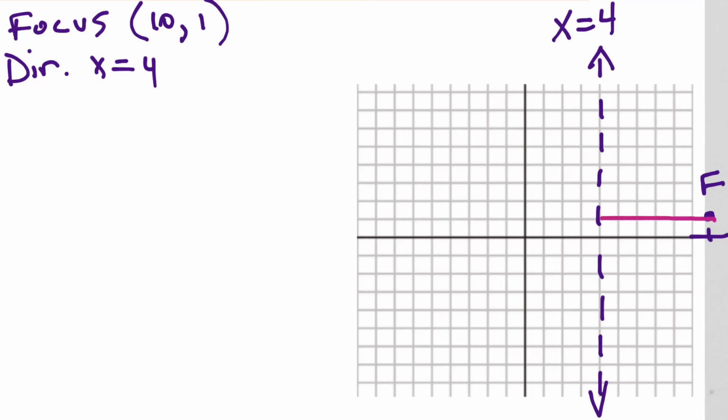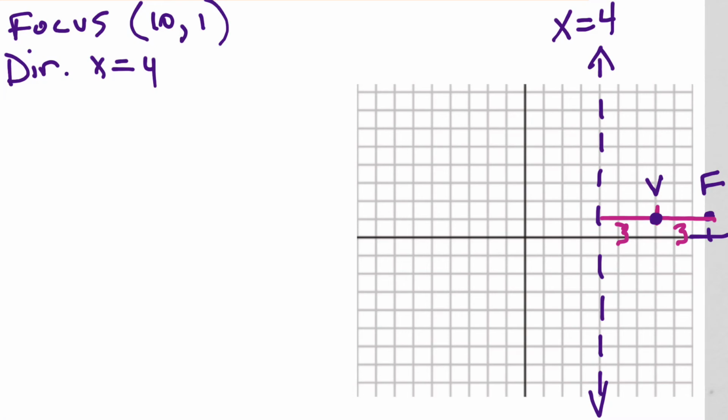All right, so if I cut that in half, right there, I'll be able to see where my vertex goes. So let's put the vertex in here. This is my vertex. All right, so this is 3, and this is 3.